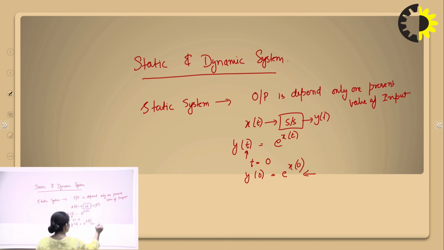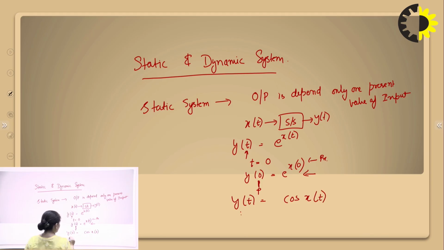So this is the present value. This is also a present value: y of t is equal to cos of x of t, so y of 1 is equal to cos of x of 1. So when the output depends only on the present value of the input, then that is a static system.